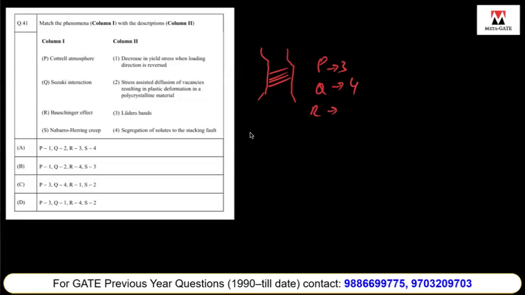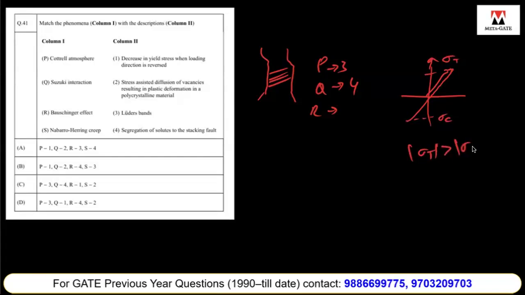So Suzuki will try the segregation of the solute at the stacking faults, and the Bauschinger effect refers to a decrease in the yield stress when loading in the reverse direction. So if this is the yield point, then if you try to reload it in compressive stresses, if you see the yield point, this is sigma in tension and this compression value is always greater than this tension.